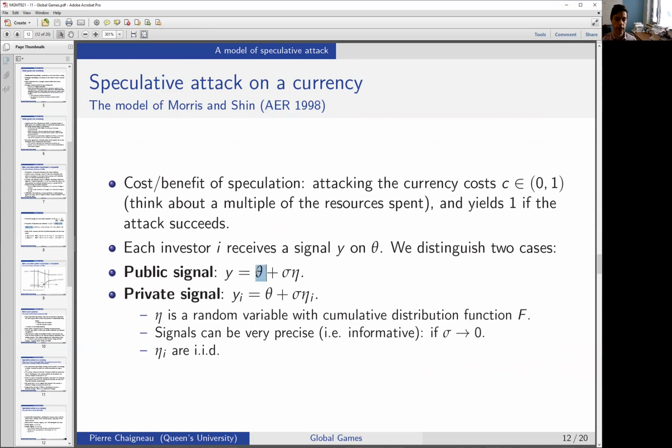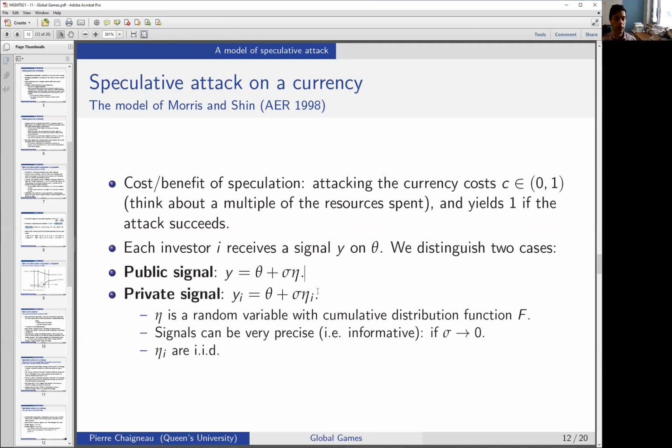You can see that it is centered on theta, but you have this random variable eta with a cumulative distribution function F. So the signal Y will be informative about theta, but not fully revealing, not perfectly informative, because here sigma is positive.